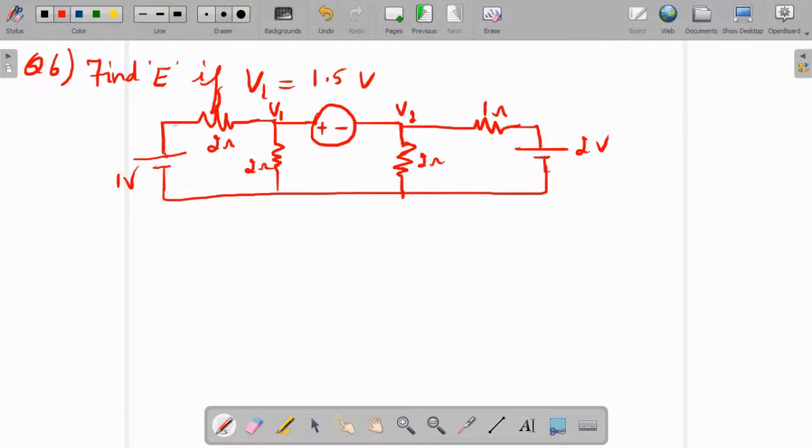You have to find E. This is E. Given V1 is 1.5 volt.